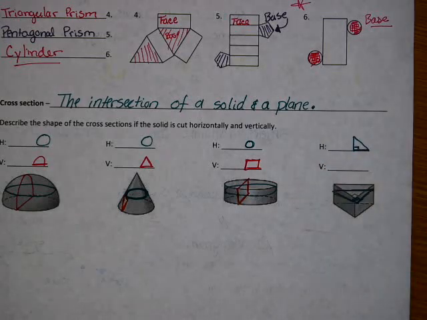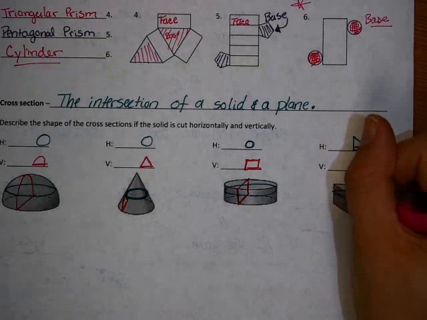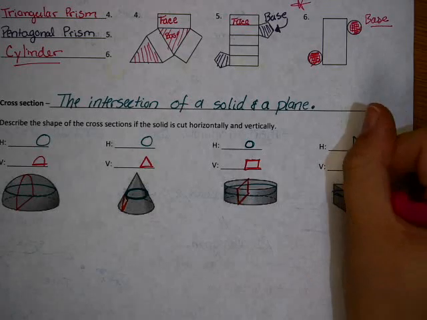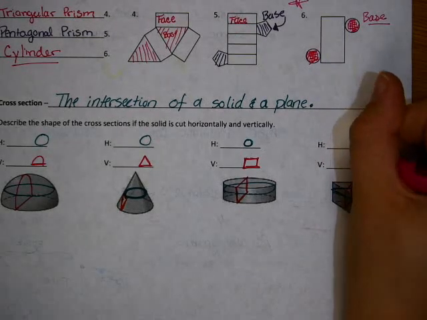And a vertical cross section, let's say I go from this side here to here, I end up with another parallelogram.